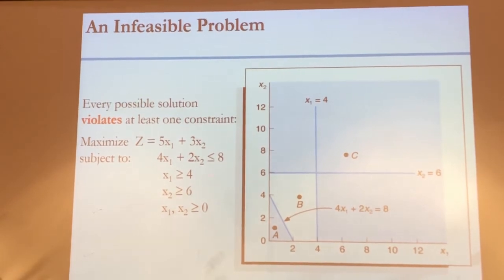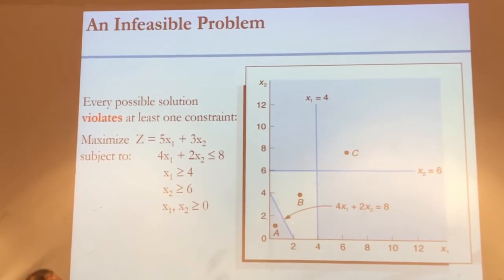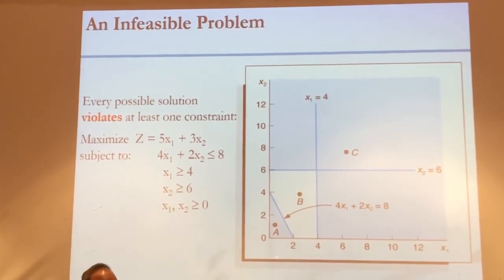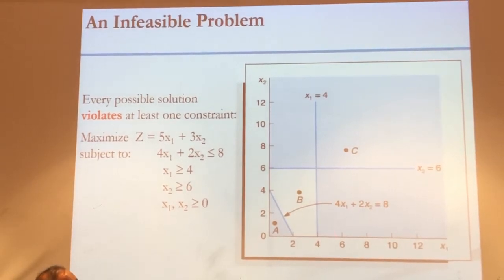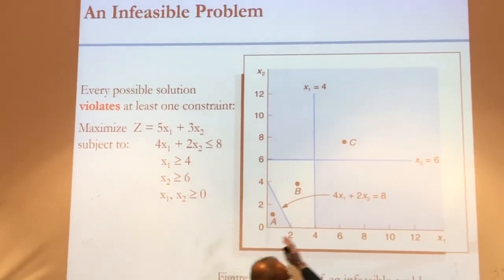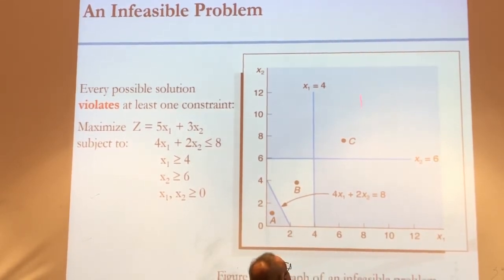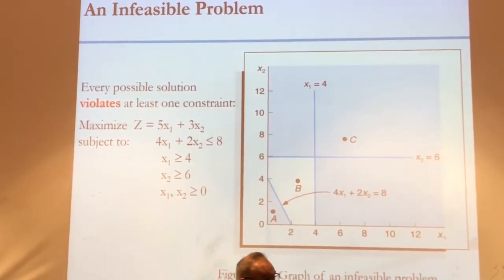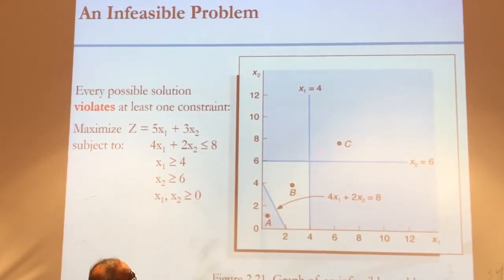We have one constraint, for example, this one says 4x1 plus 2x2 less or equal to 8. This constraint is saying this is the feasible region. This x1 greater or equal to 4 is saying this side is the feasible region, and x2 greater or equal to 6 is saying this side is the feasible region. Okay, if these two constraints are there, the feasible region will be this one.